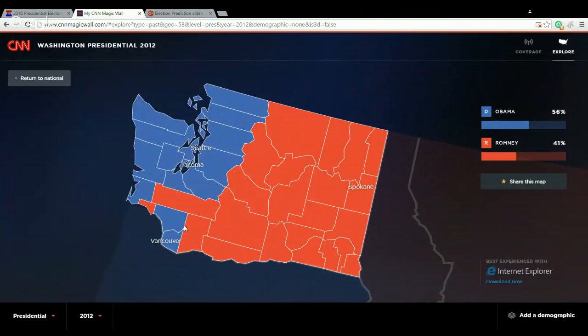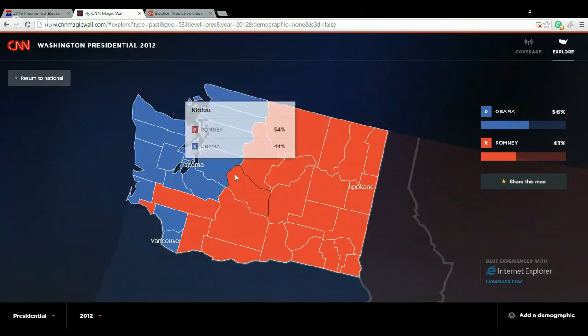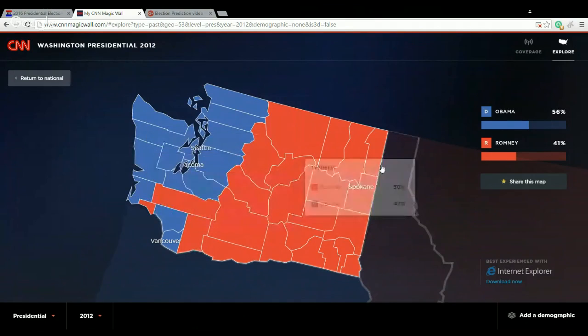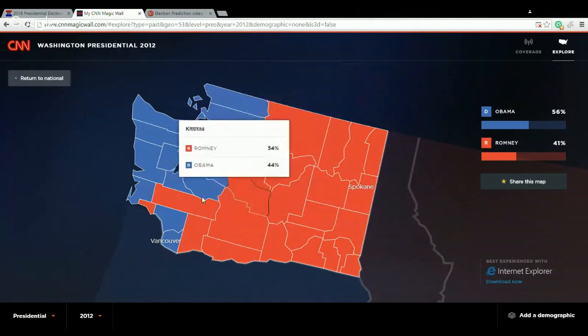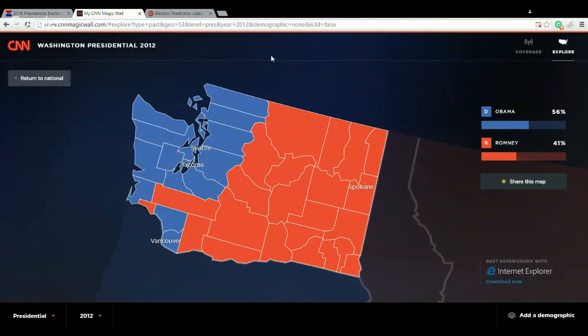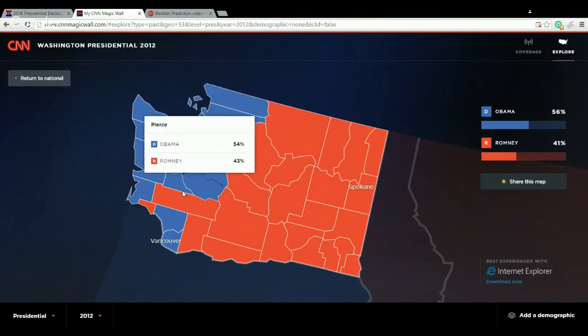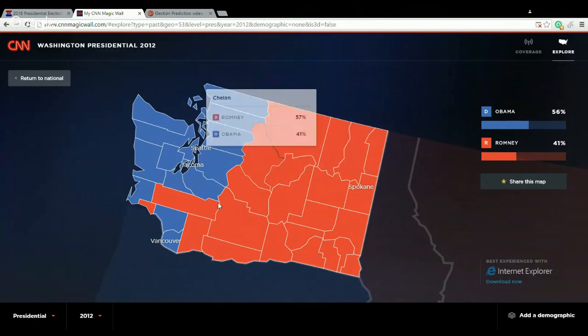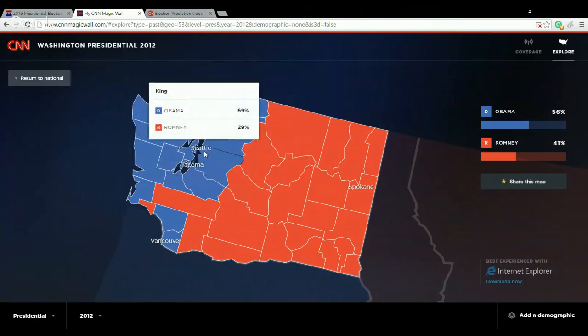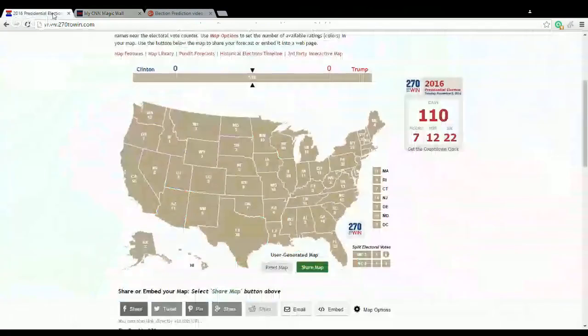This is a traditional Democratic state. The Republicans get the rural counties, and Democrats get the urban counties. So here is where the Democrats really perform well, and because they hold that so much, we're going to keep Washington for Clinton.